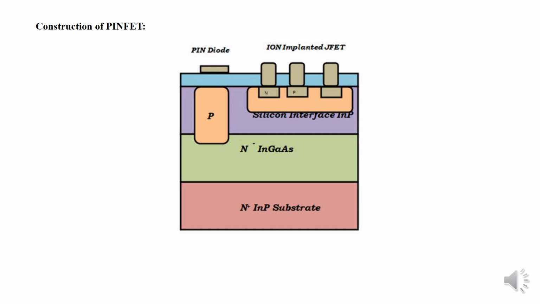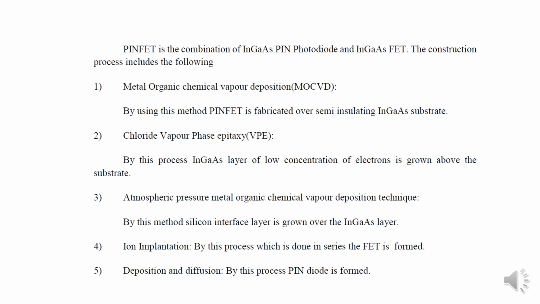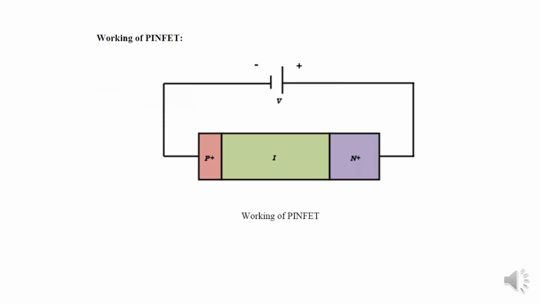the PIN diode is formed. While we are seeing the working of the PINFET, it consists of 3 layers: P region, I region and N region. The P region and N region are heavily doped regions, and they are used as ohmic contacts. A wider intrinsic silicon layer is sandwiched between the two heavily doped layers, and it absorbs the light photons, which forms electron hole pairs.